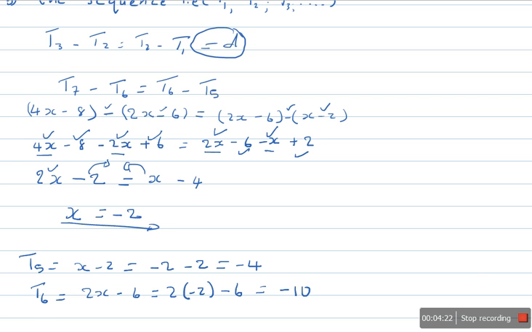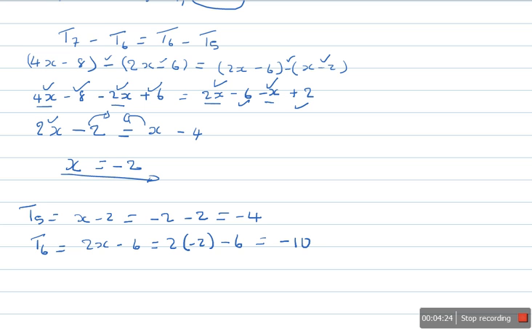Then bese ngiyadlula nje kuT7. U-T7 nawo ngokunjalo it's going to be T7 equal to still 4x minus 8, right? So it's 4 into minus 2 nakhona minus 8 uzonginikeza khona negative 16. So iwona ama-values wami ke lawo ngathola, T5, T6 and T7.